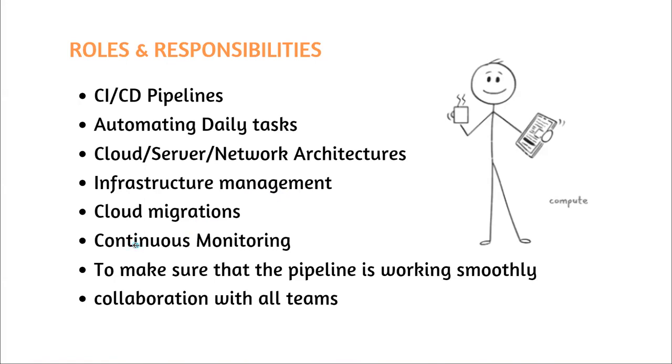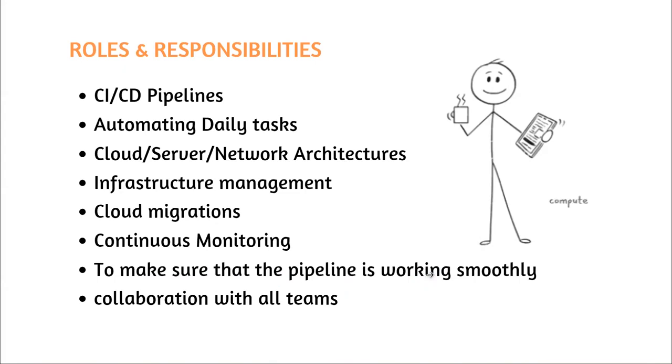And the next one is continuous monitoring. If you develop an application, you need to monitor it continuously, because sometimes the application will fail and stop working. At that time, we need to troubleshoot the application and start it quickly. Next, we need to make sure the pipeline is working smoothly, because sometimes the pipeline will not work.